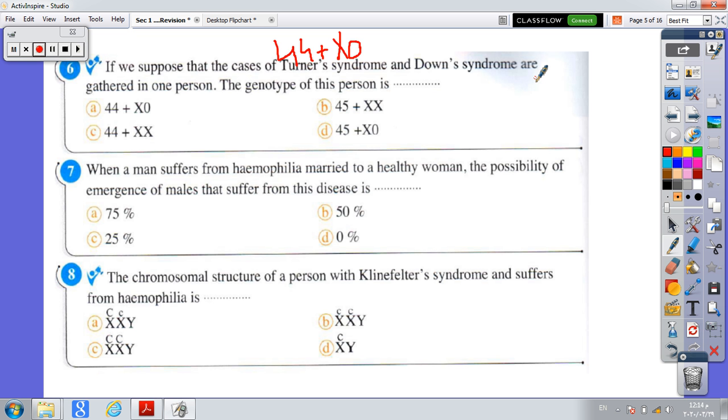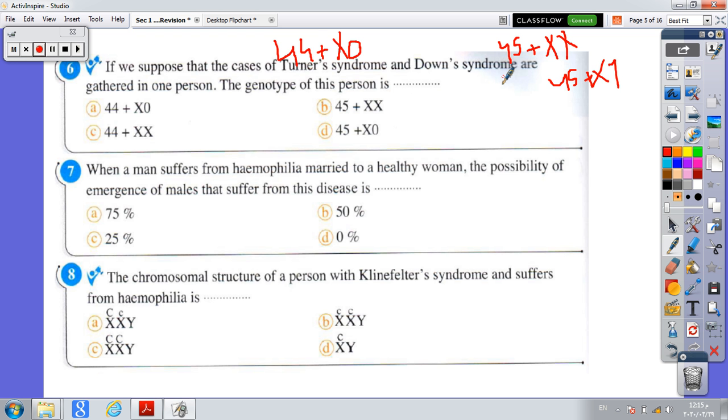And Down syndrome is, who can tell me, 45 plus XX, or 45 plus, when it is male, it will be X, Y. As we know that Down syndrome may be male or may be female.